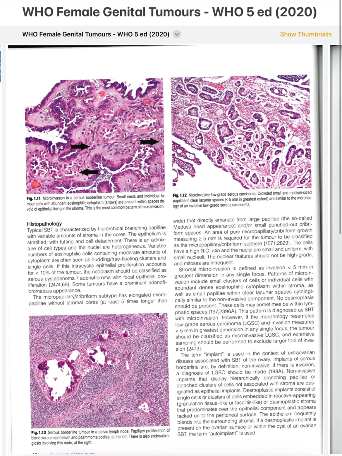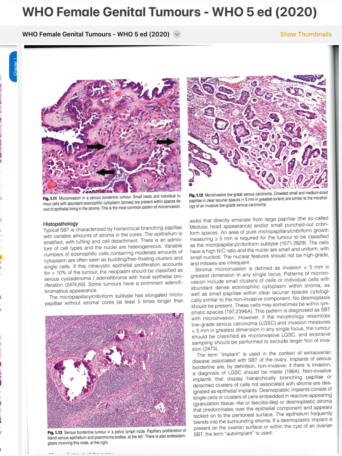If we talk about histology, typical serous borderline tumor is characterized by branching papillae with variable amounts of stroma in the cores. The epithelium is stratified with tufting and cell detachment, as we already saw, and there is an admixture of cell types and nuclei are heterogeneous. A variable number of eosinophilic cells containing moderate cytoplasm are often seen as budding, free-floating clusters and single cells also.